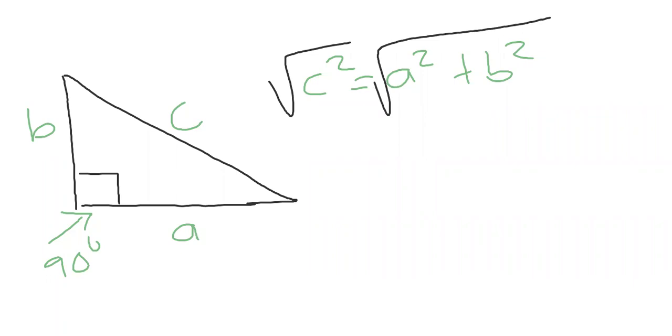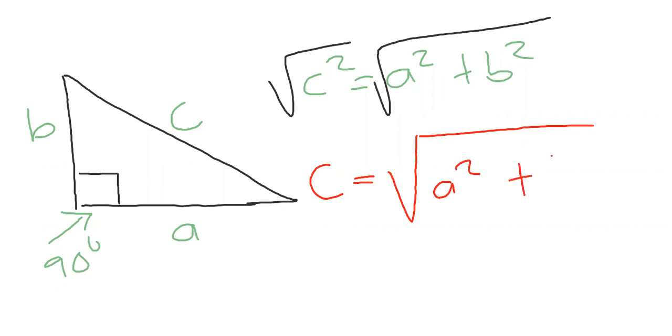Taking the square root of C squared, I get C, and the square root of A squared plus B squared is the square root of the sum of A squared and B squared.